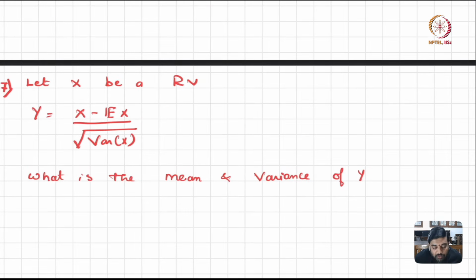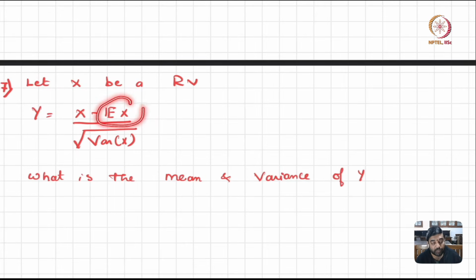The next question that we have in hand is, let x be a random variable. I'm not specifying what it has to be. We are using this generically for a continuous random variable or a discrete random variable. So if x is a random variable and y is a function of x.